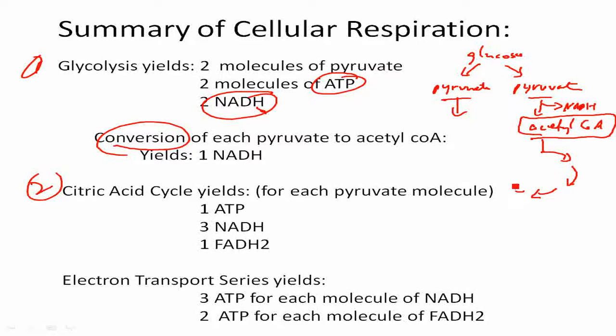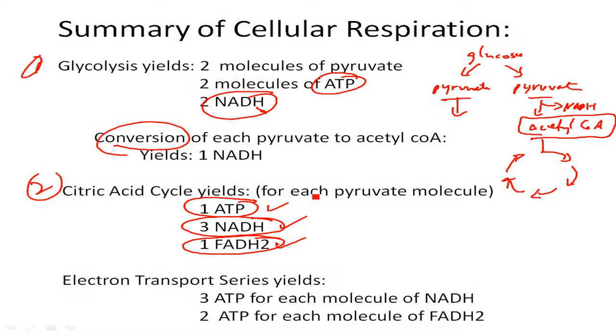And as we go around that cycle, we're going to pull out all kinds of energy. We're going to pull out 1 molecule of ATP, 3 molecules of NADH, and 1 molecule of FADH2. So at the end of the citric acid cycle, this is what you have left. You have NADHs, FADH2s, and then some ATPs. Everything else about your glucose molecule is gone.